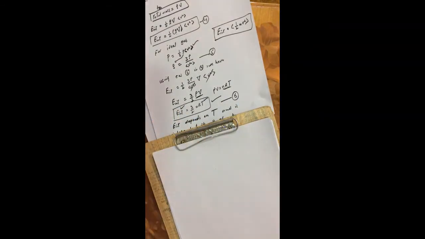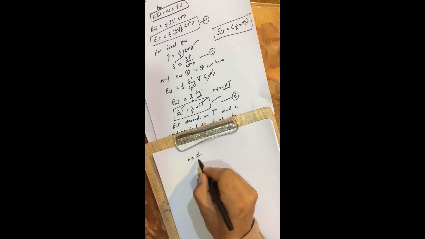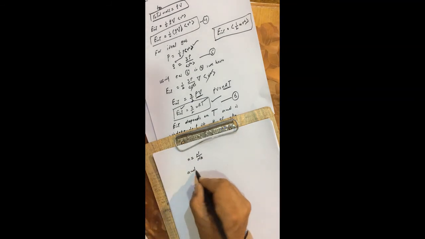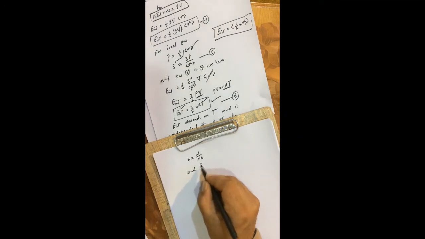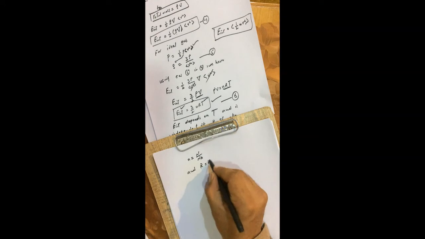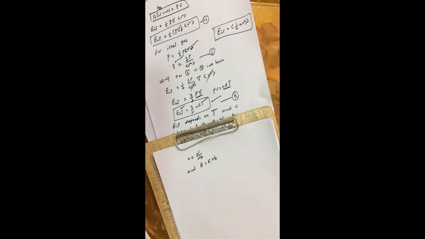Now we also know that we have this relation, which is the number of moles n is equal to N over Na, and we have another relation which is R is equal to k into Na, where Na is the Avogadro number.